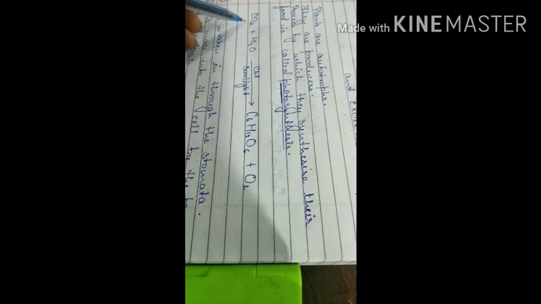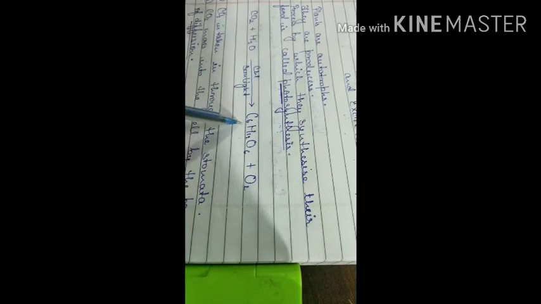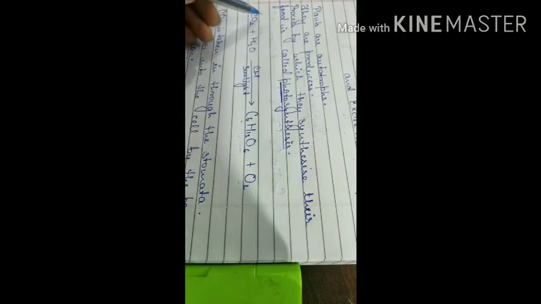Here you can see the reaction of photosynthesis. CO2 plus H2O, in the presence of sunlight, gives C6H12O6, that is the formula of glucose, and oxygen. CO2 means carbon dioxide, H2O means water.